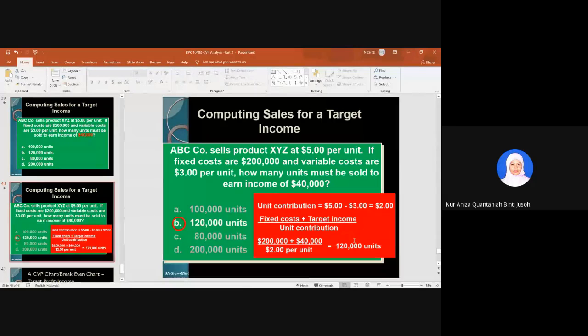Sebab dia dah bukan BEP lagi ni. It's not BEP anymore because you have a target income. So you have a profit. So the BEP formula now plus the profit. Boleh faham?